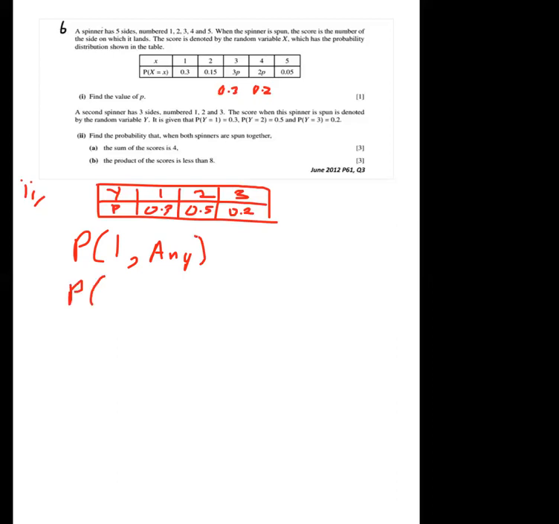Second, if we take 2 from the first one, then again, there can be any. 2 times 1 is 2, 2 times 2 is 4, 2 times 3 is 6. Third case, if 3. So 3 times 1 is 3, 3 times 2 is 6.